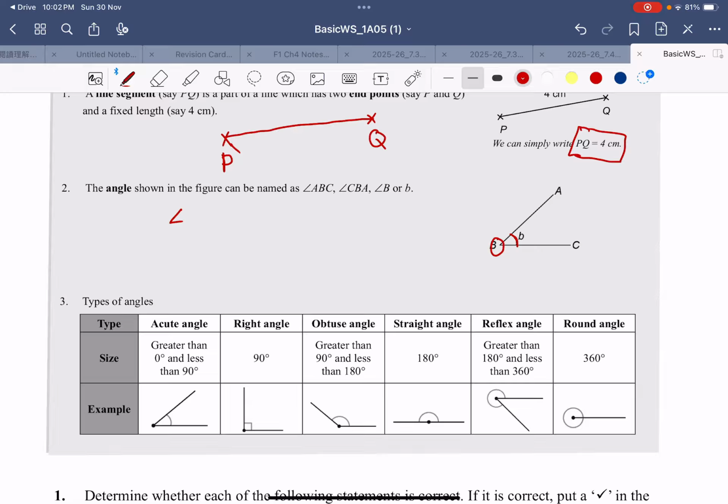Start from the line segment endpoint A, goes to B, and then finally C. So the middle letter is the target angle position. And then the small angle B will be just angle ABC. Equally, you can name this starting from C, going backward, angle CBA. They are the same. That's how we name an angle.